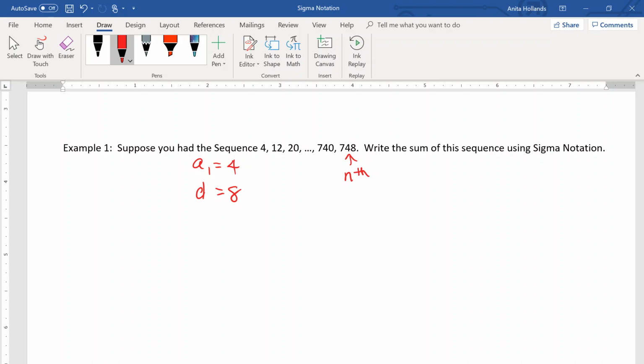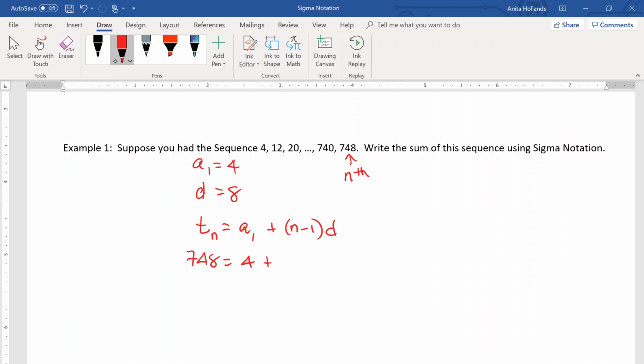We can find that out easily using our formula. T sub n is equal to A1 plus n minus 1 times d. So let's fill in those, and we can solve for n. We know this is 748.